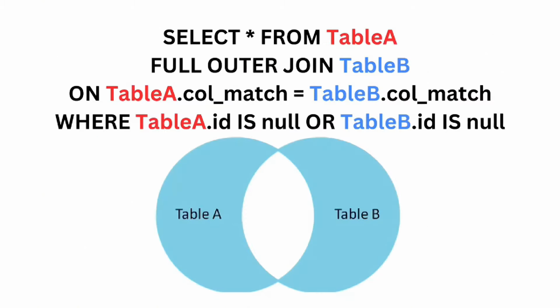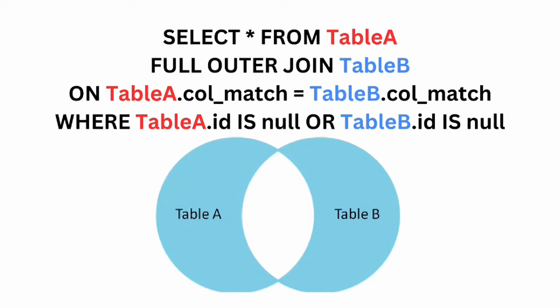The way this works is we say the following. We'll say select everything from table A with a full outer join on table B on table A.column match is equal to table B.column match. That's what we had last time, and that filled in the entire Venn diagram, including the intersection. However, we're going to add in a where statement to qualify a little further.